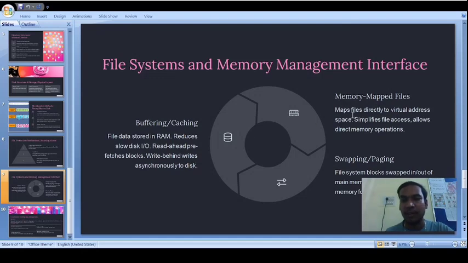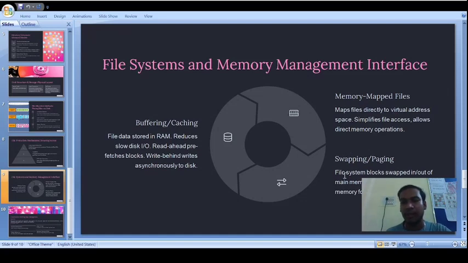Memory mapped files, where the files are mapped directly to the virtual address space, which simplifies file access and allows direct memory operation, where the user can access directly and perform the operation.